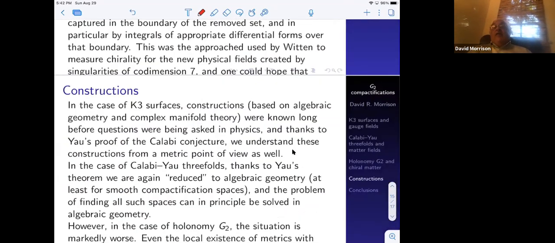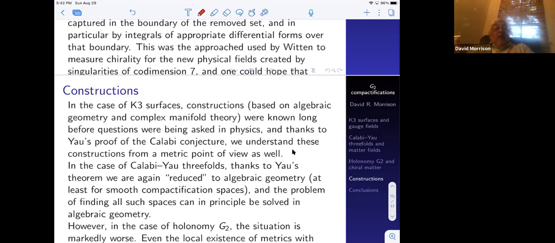So what do I have to say about constructions? Well, in the case of K3 surfaces, there were many constructions known, based both on algebraic geometry and complex manifold theory. They were known long before questions were being asked about these spaces in physics.